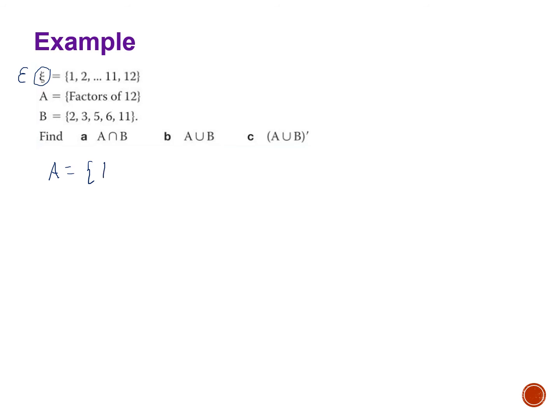So I've opened my curly bracket. Do make sure you list them in a curly bracket. And just to make my life a little bit easier, I'm going to list them in order. Okay, but notice how we worked out the factors of 12 by doing them as factor pairs. So 1 times 12, 2 times 6, 3 times 4. Okay, I'm just going to write out B underneath because I'm going to have a look at these when I do my question. That's 2, 3, 5, 6, 11.